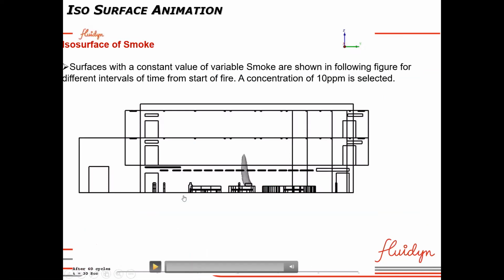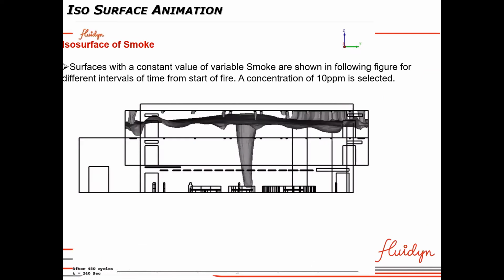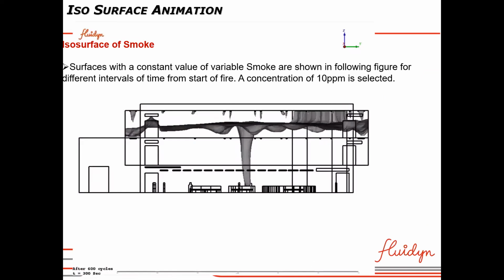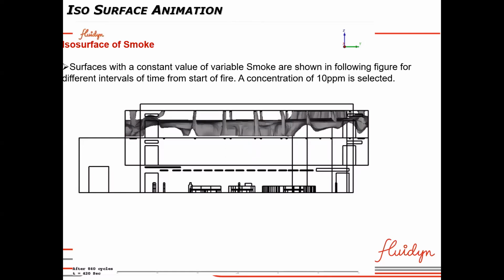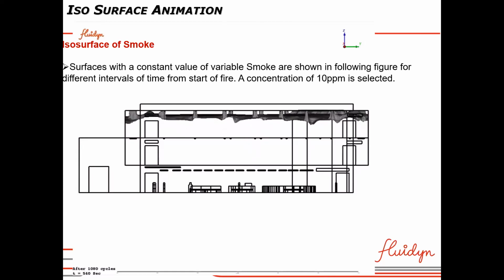This is an animation for the iso surface of the smoke. The concentration we have set is 10 ppm. We can see that at one particular time it was accumulated on the top ceiling on the dome part.